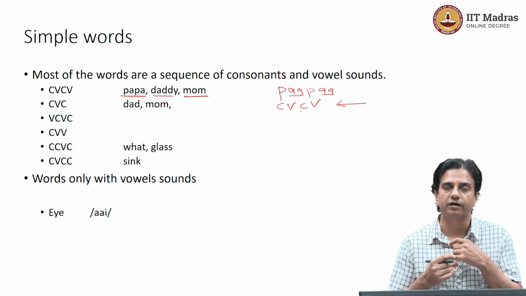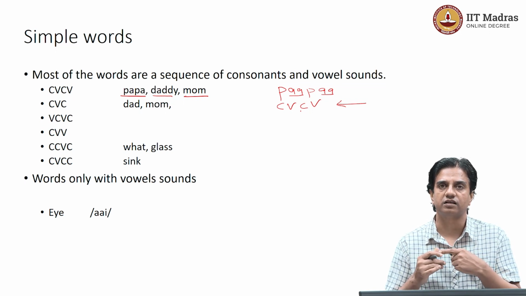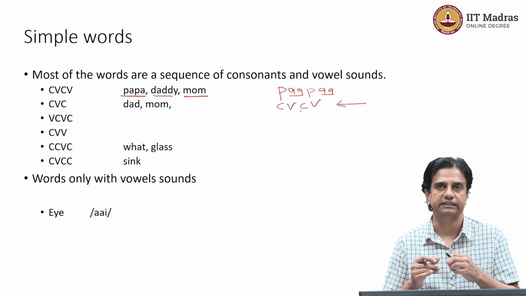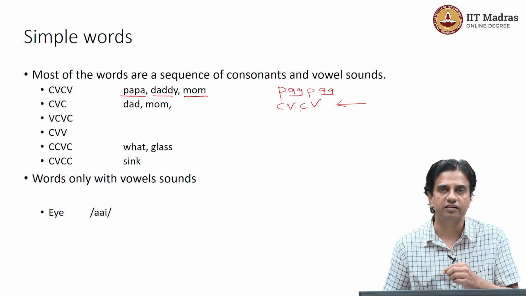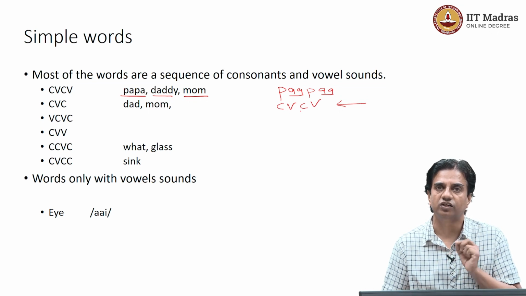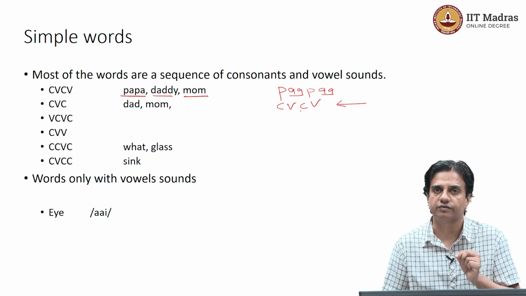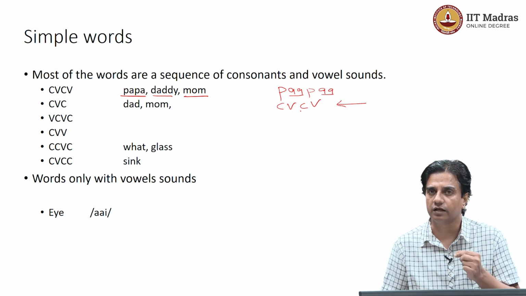So when we say pa, ka, cha, ta, ma, take any. You can try it with all 24 consonant sounds in English. The only vowel sound that you find inbuilt, which becomes slightly prominent at the end of it, is a. That is, when we say pa, we hear a at the end of it.